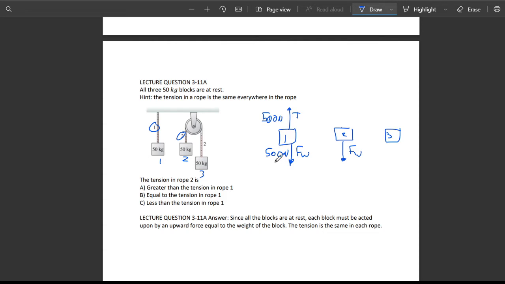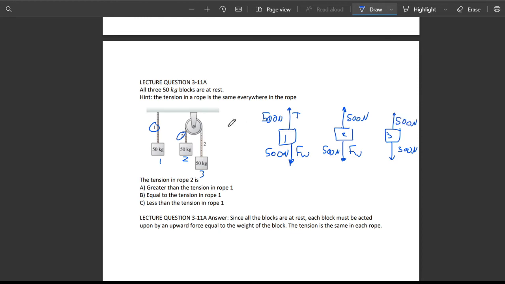So as we said, we round that off to 50 times 10, so this is 500 newtons. And the same goes here because it's another 50-kilogram box, that it is 500 newtons. And we know that this is at rest, so we know that the upward force must also be 500 newtons.